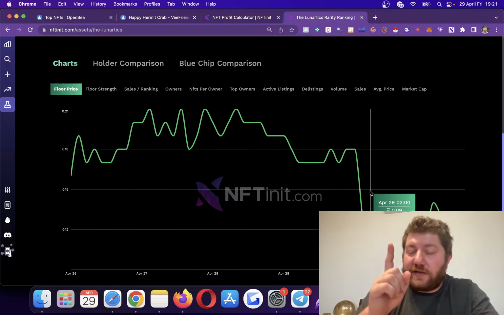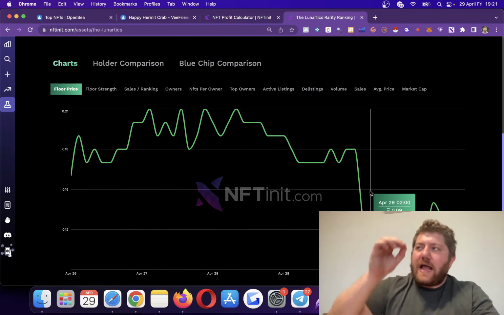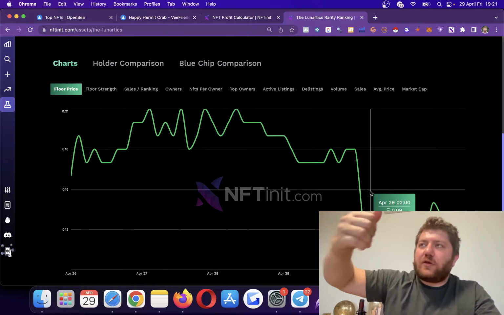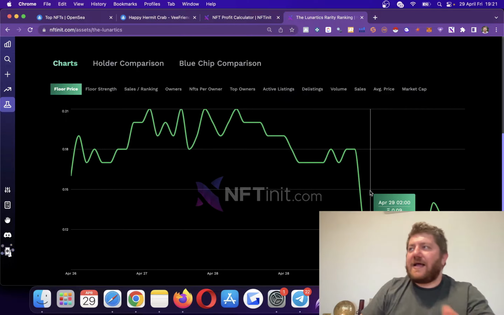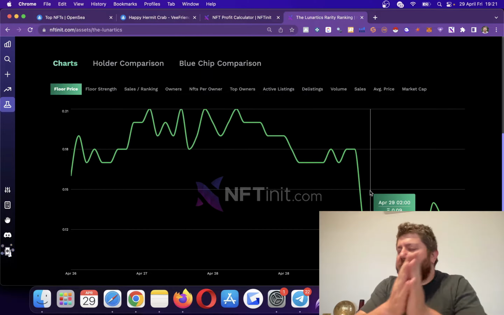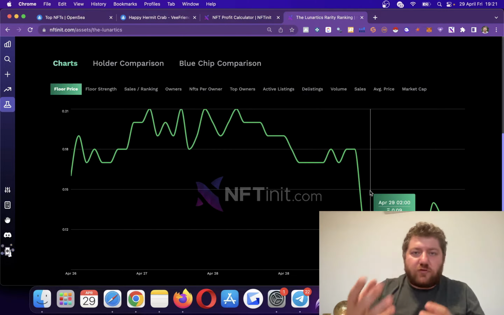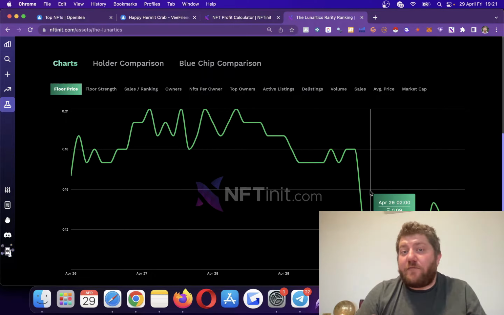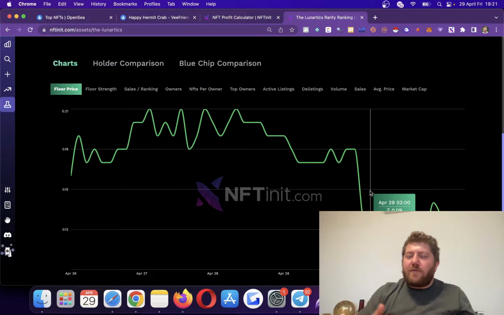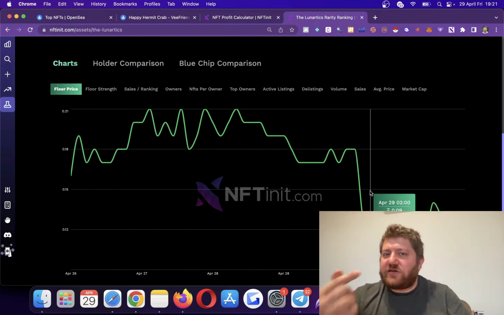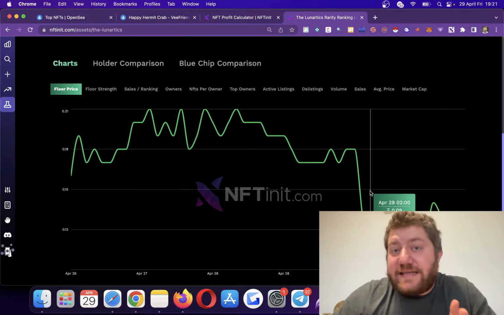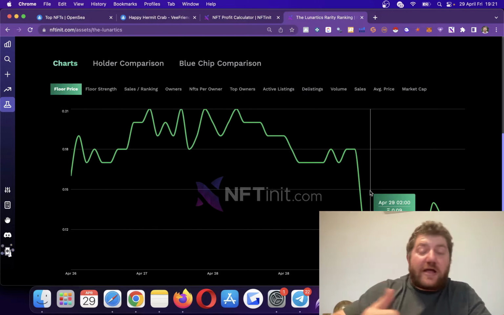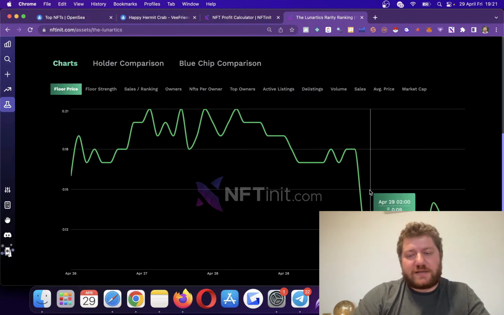I'm going to give you an example in a minute. And then when they reveal, you see the properties and traits of the NFTs. Some of them are rarer, which means that they have better rankings. During the reveal and right after the reveal, people try to get rid of NFTs which have bad rarities. So I bet this is when the reveal was.